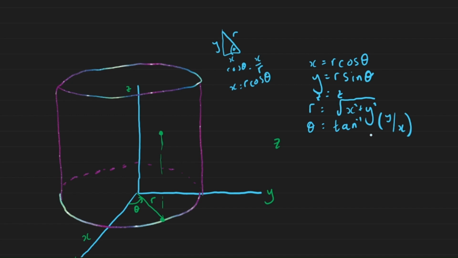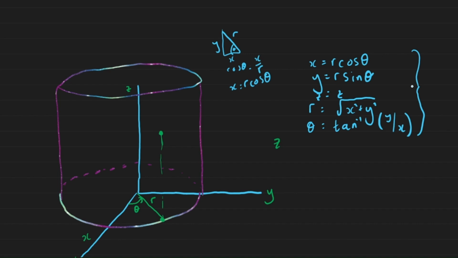If we're given a point, any point, and we want to convert it into cylindrical coordinates, all we do is use these equations. This is very nice and easy to do, but the whole point of converting something to cylindrical coordinates would be to make the integration easier. That is the whole purpose of why we are performing this exercise.